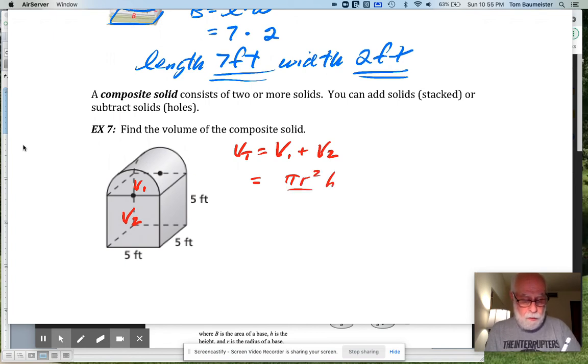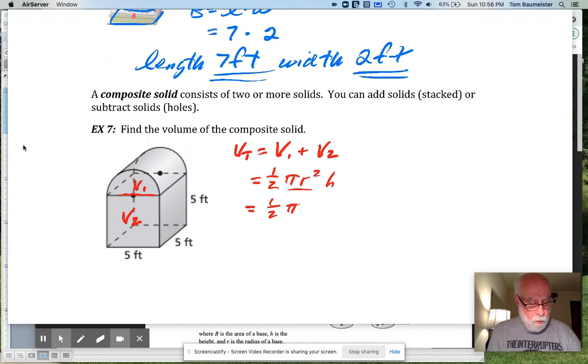That's my B times H. But in this case, I'm going to either take all of that and divide it by 2 or multiply it by 1/2. So on this one here, I will have 1/2 times pi times our r.